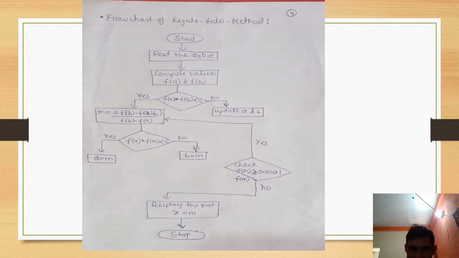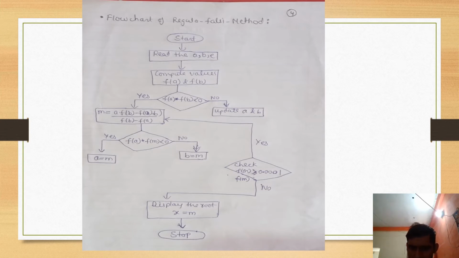If it is not correct, then we have to update the values of a and b. After that, we again check the condition: if the product of f of a and f of m is less than 0 and this condition is true, a equal to m. If this is not true, b equal to m.